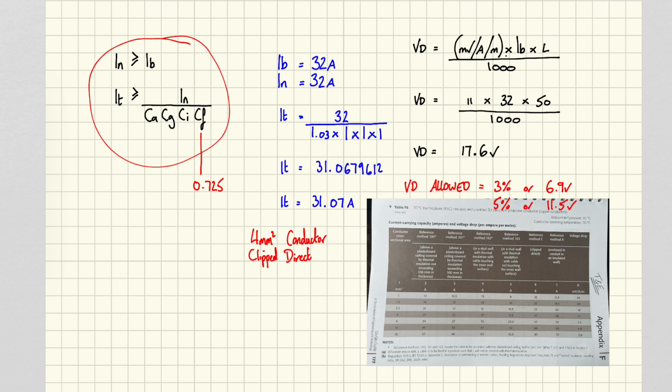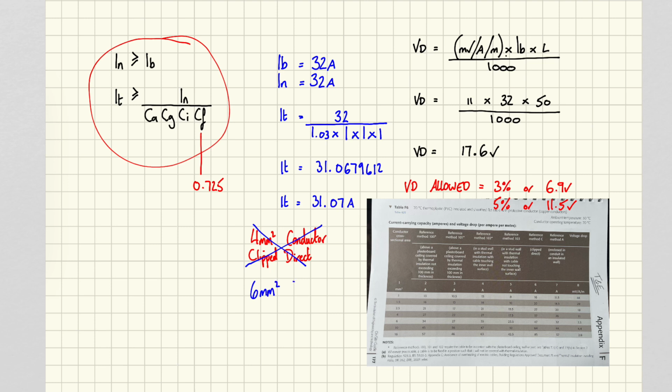Well, once again, we would need to choose a larger cross-sectional area. So although clipped direct 4 mil is adequate for the current, with the voltage drop it won't be, so we need to go up to the next size up. The 4 mil is no longer acceptable. It would have to be a 6 mil cable.